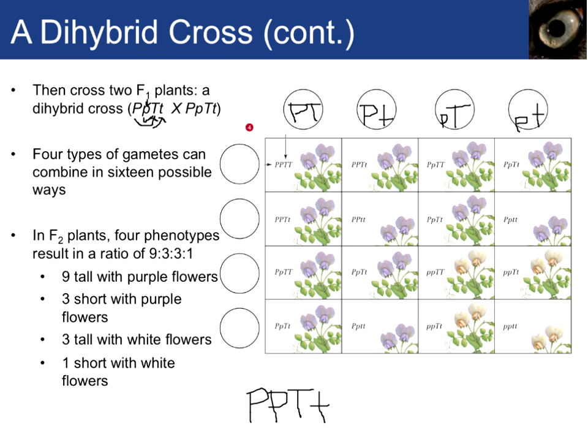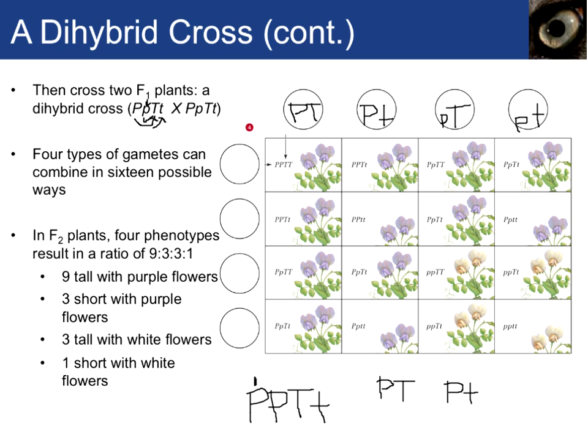The gametes that are produced: you start right here and produce a capital P, capital T. Then you go to the capital P and grab this lowercase t, capital P, lowercase t.